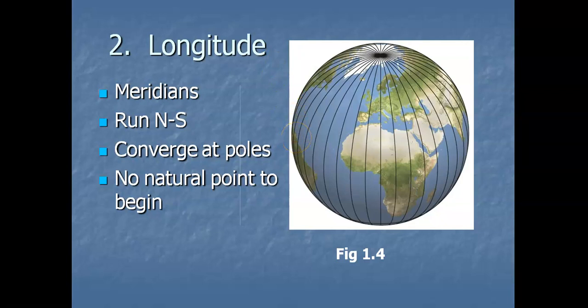Unlike latitude, where we have two natural reference points, the poles, because the Earth spins on its polar axis, if you remember, here there's no natural reference point to begin with. Which one would you start with? There's just no rhyme or reason to start anywhere. So there's no natural reference point to begin like we had with starting at the equator.